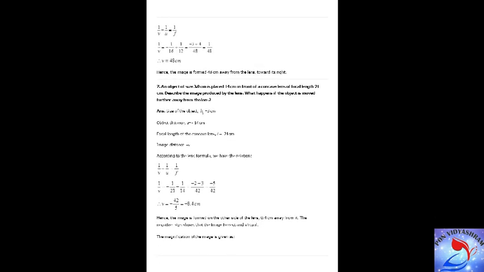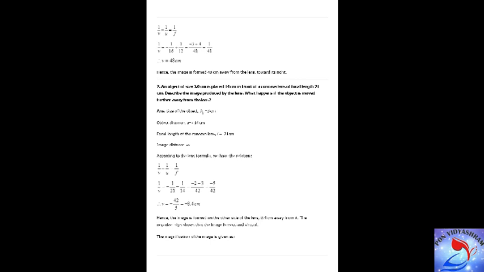We'll use the formula 1 by f is equal to 1 by v minus 1 by u. From this we can find 1 by v. So 1 by v will be equal to minus 1 by 16 plus 1 by 12. Minus and minus will become plus. When we take LCM, we'll get the image distance as 48 centimeter.